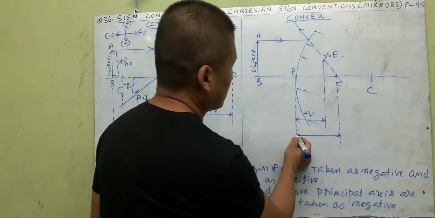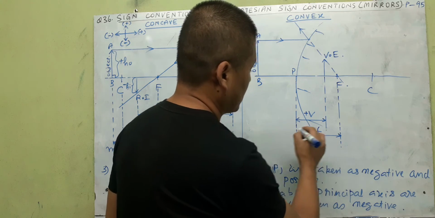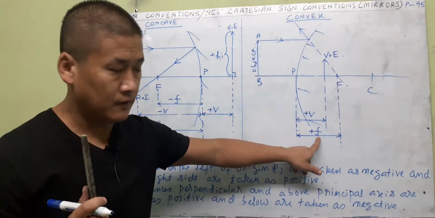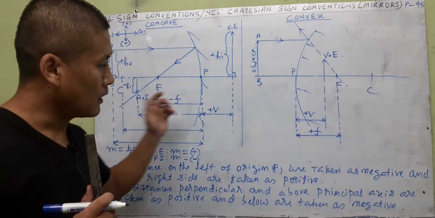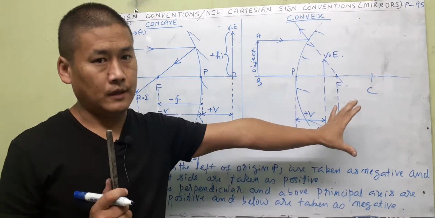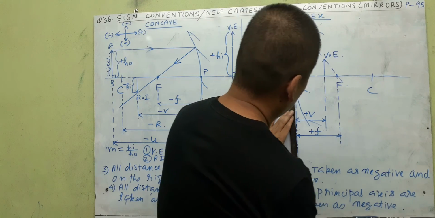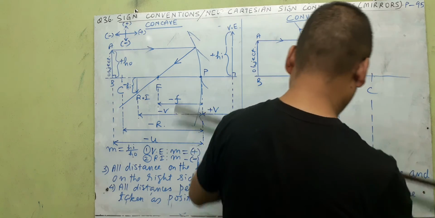Then this is the distance of F and P, small f on the right side, so plus. So we see now the focal length of a convex mirror is positive, the focal length of a concave mirror is negative because it's on the left side. Here it is positive because it's on the right side. The distance between P and C, we know, is called the radius of curvature.